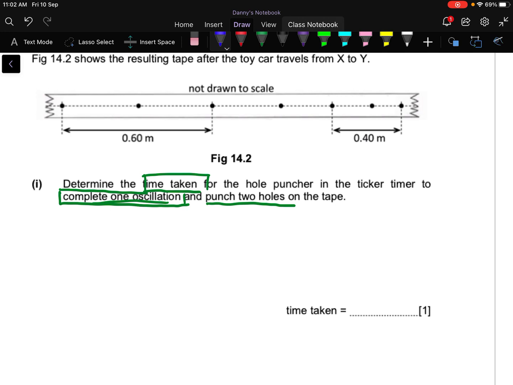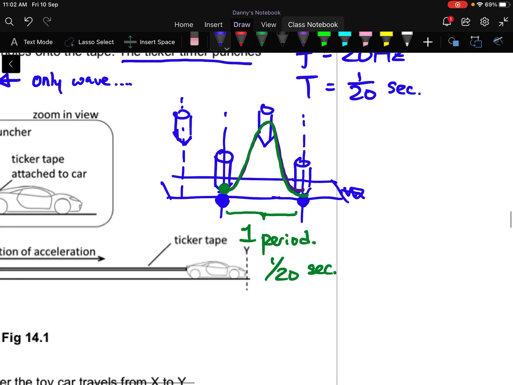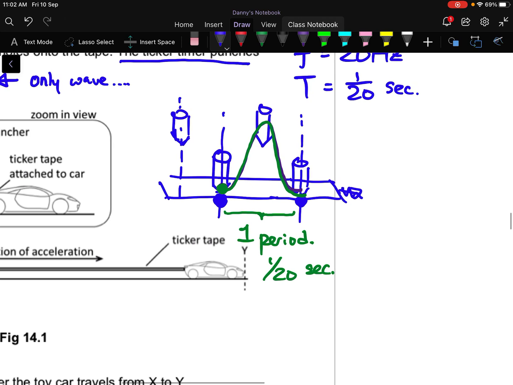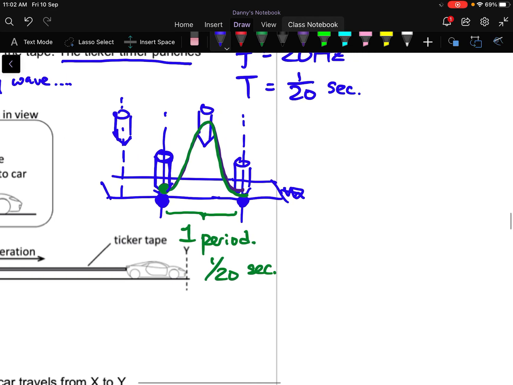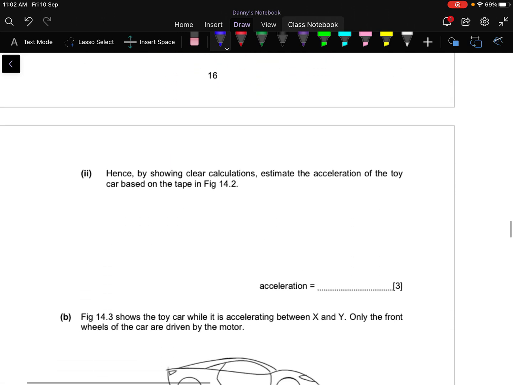Since we already give you the time taken to complete one oscillation, isn't it T equals 1 over f? So the time taken for the puncher to make two holes: we put the puncher down first, this will make the first hole, and then the puncher will get lifted up and then back down. This is one oscillation, and so the time taken is one period.